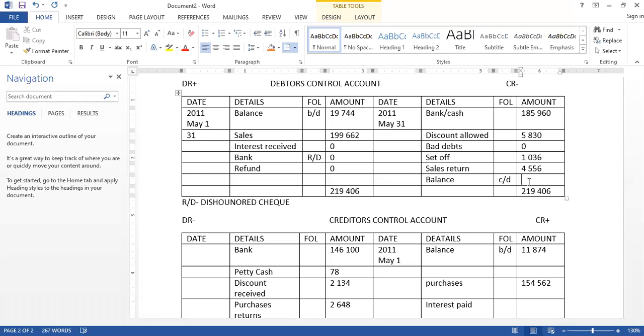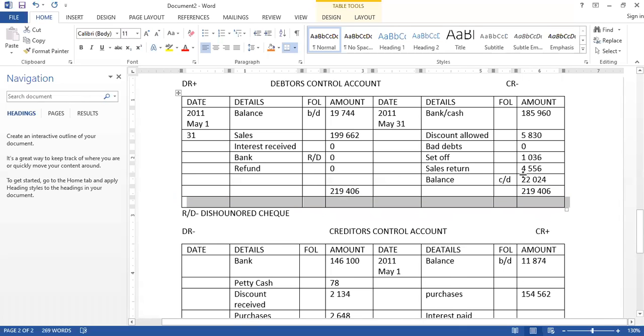And if you check on the list of your balance carried downs, you are told that your debtors has 22,024, meaning that the information that we recorded is correct.